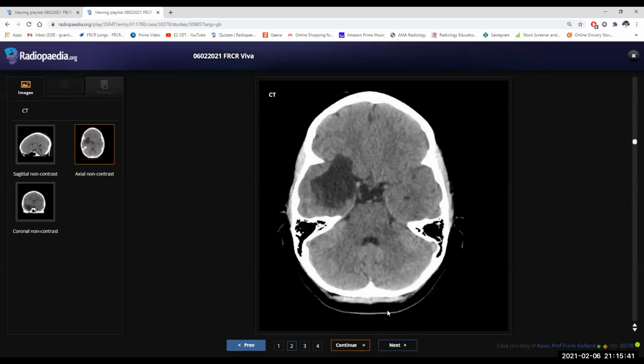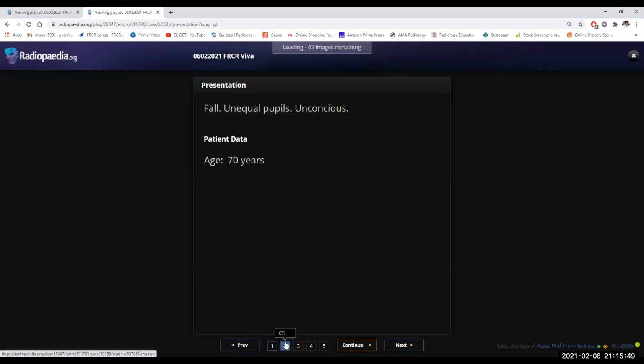Regarding the second case, this is an acute, emergency case: a posterior circulation stroke. As you saw, there is thrombus in the basilar artery. Usually in an elderly male with sudden loss of consciousness, you should suspect posterior circulation stroke.